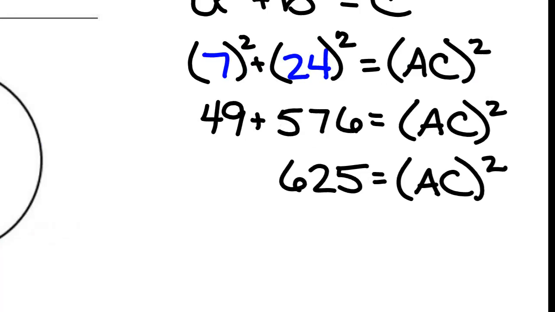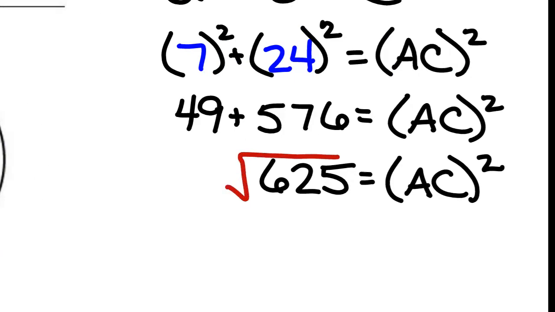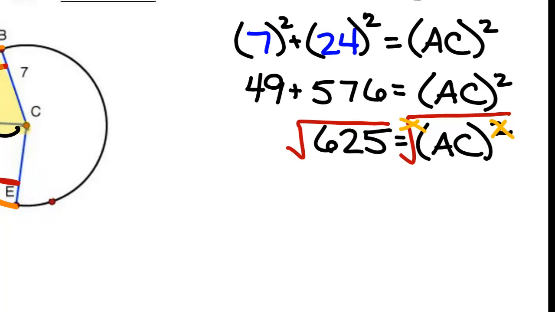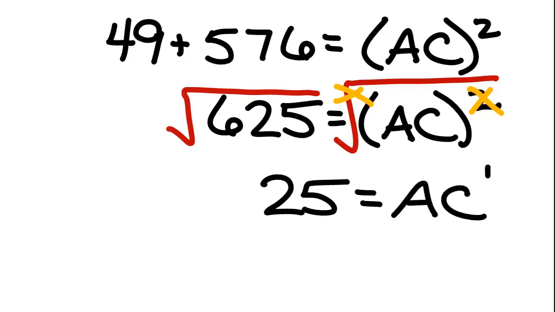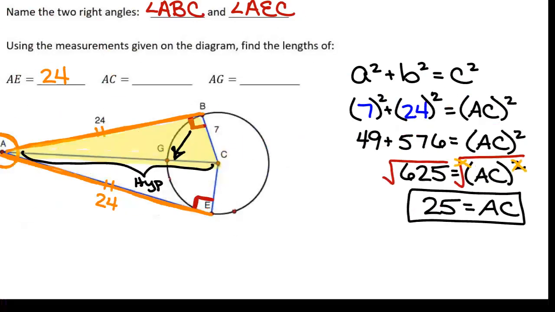Now what do I do? Square root. If you do it to one side, you got to do it to the other side. The whole reason we're taking the square root is so that we can make the squared on AC cancel out. So the squared and square root cancel. What is the square root of 625? 25. So AC is 25.